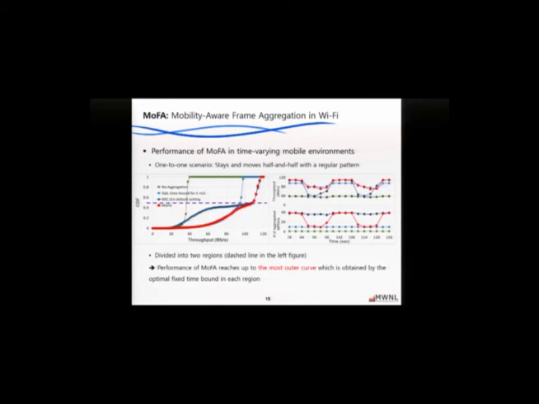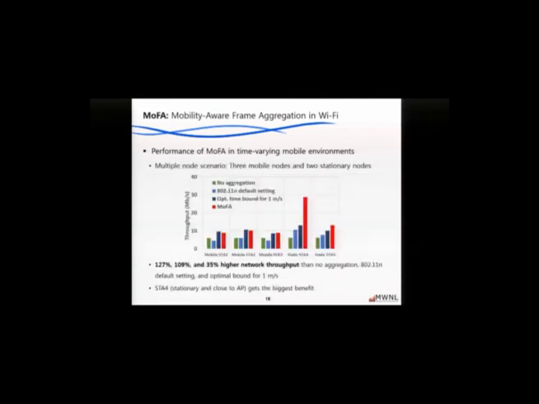Here is the throughput CDF, and here, along the time, what happens with throughput and the number of aggregated MPDUs or subframes. These green lines represent the performance with no aggregation.